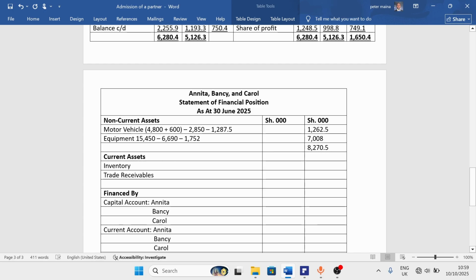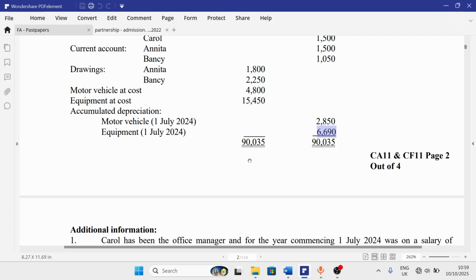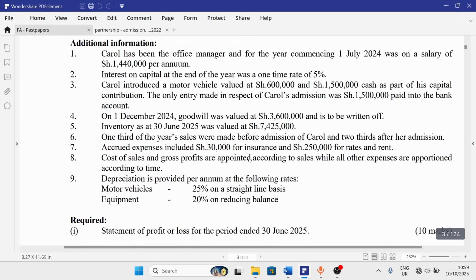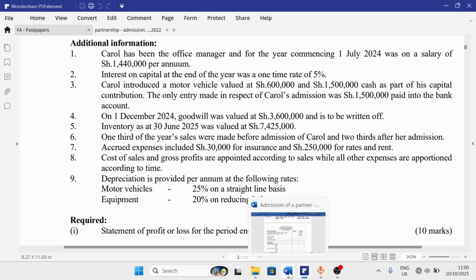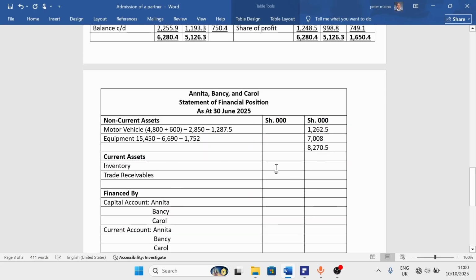8270.5. So now let us go to current assets. In the current assets, we have inventory. Inventory was given in the additional information, and that is number 5. Inventory as at 30th June 2025 was valued at 74.25. So inventory, we have 74.25.